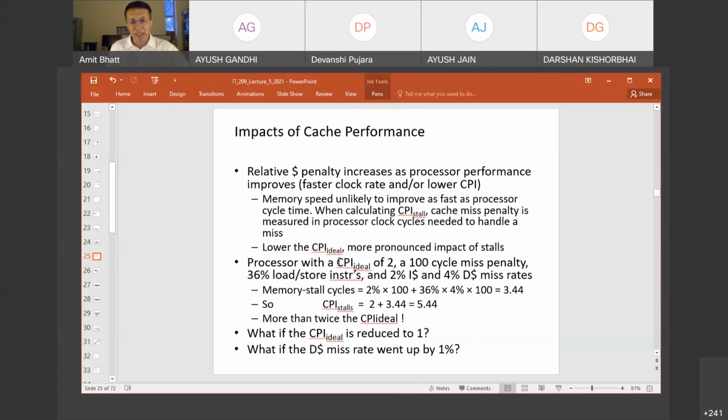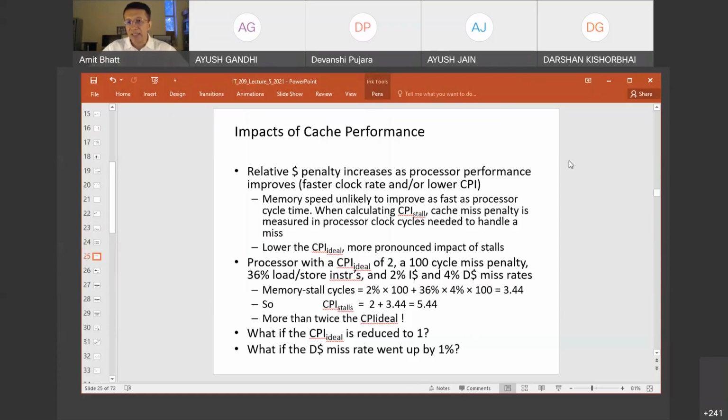So I want you to read this: CPI ideal of 2, 100 cycle miss penalty, 36% load store instructions, and 2% and 4% are instruction cache and data cache misses respectively. So what you are trying to say is this. Please understand this, it is a very important concept.